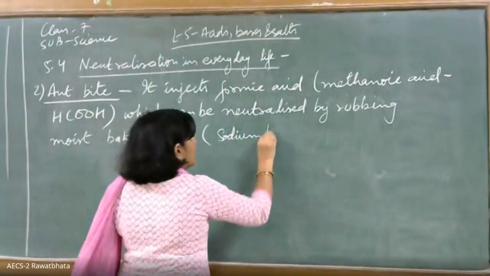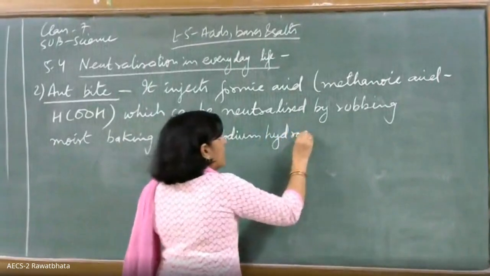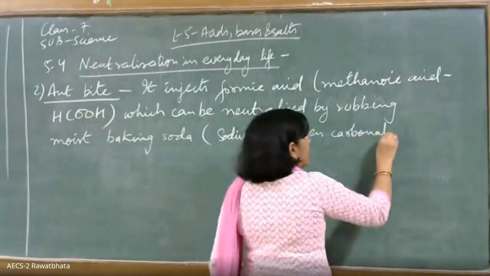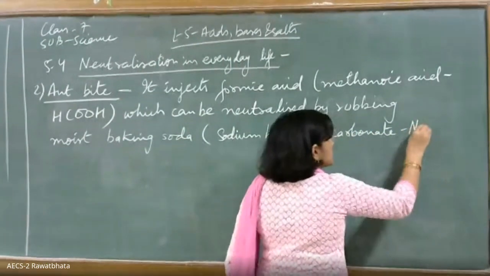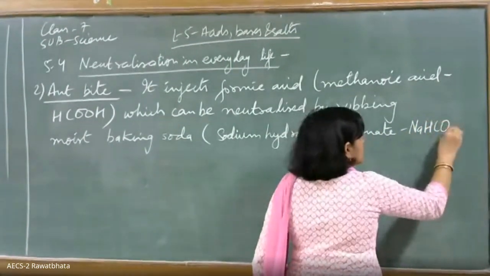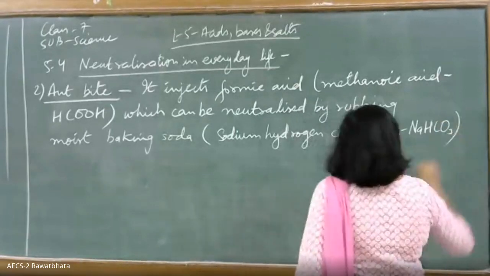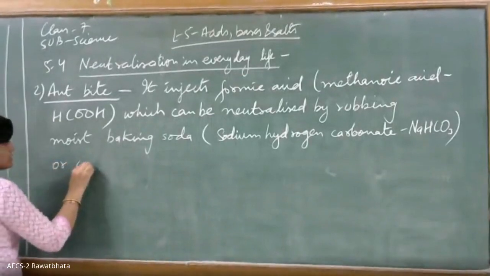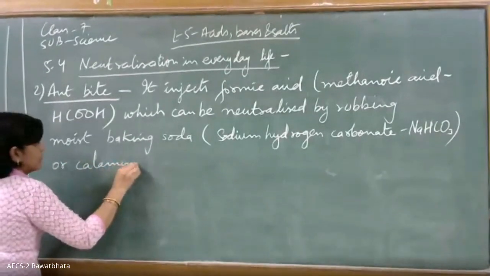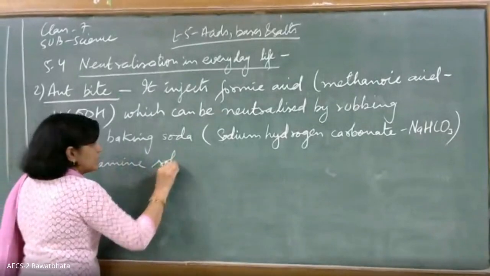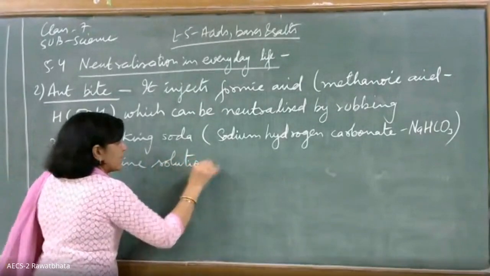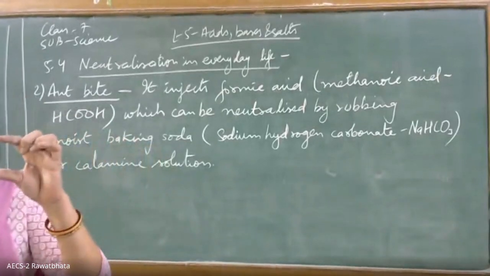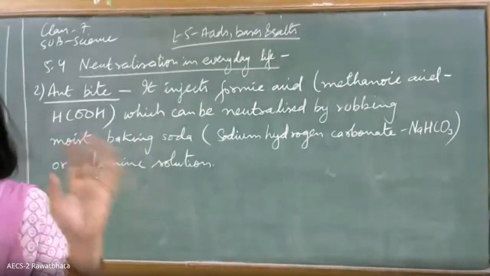Sodium hydrogen carbonate, and the formula is NaHCO3. Baking soda or calamine solution. Now, what is this calamine solution? It again contains a base and is available in small bottles in the outside market, very easily available.